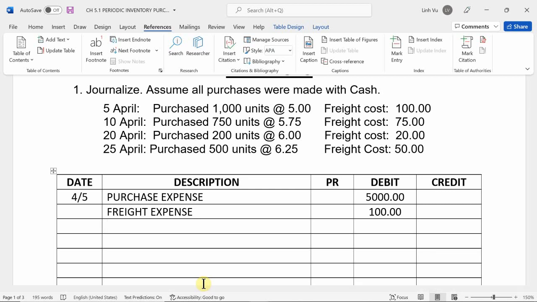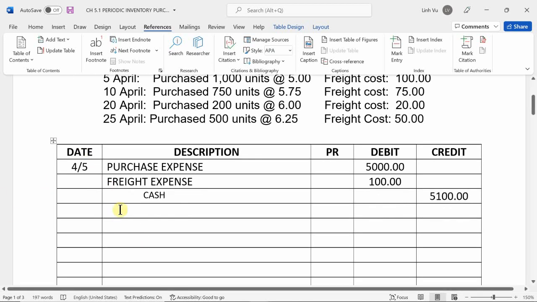Assume that all purchases were made with cash. Good. So in this case, we paid with cash. How much did we pay? $5,100. This is where you could also practice your descriptions.